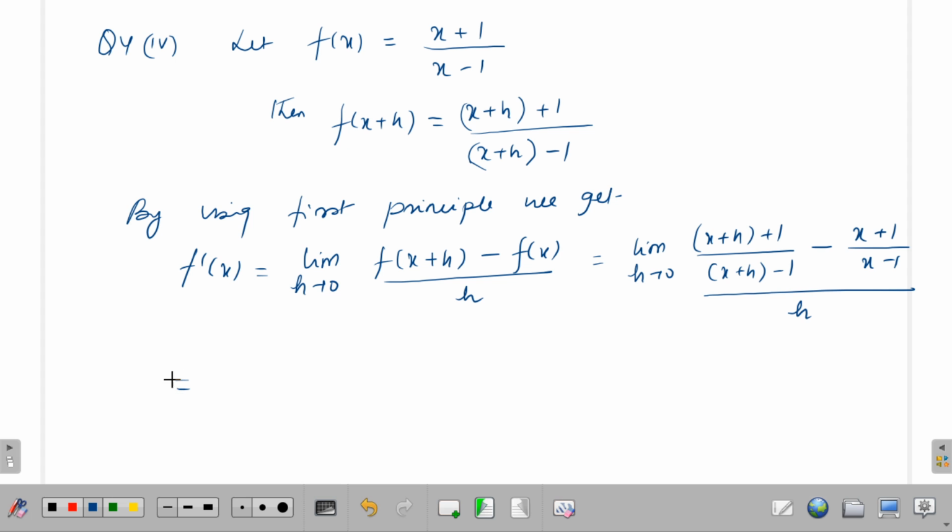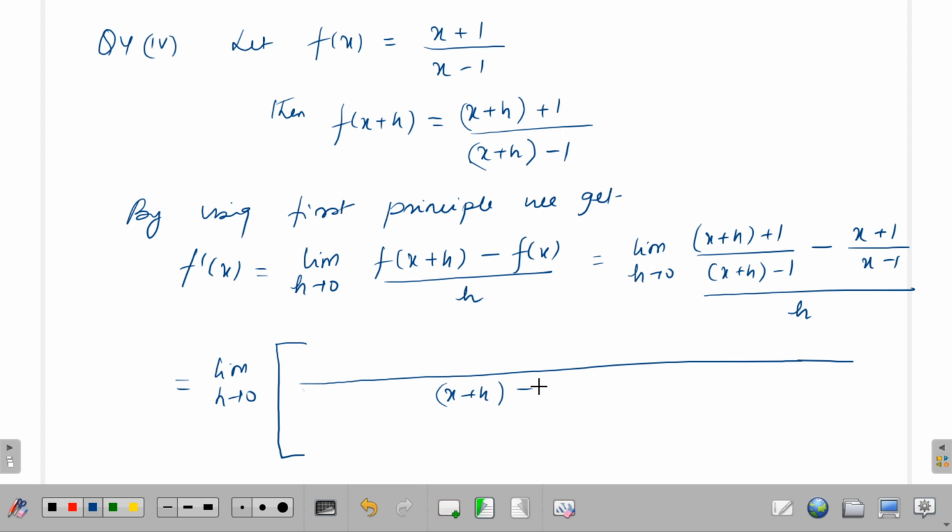Okay, now look properly. The numerator, I'm going to take the LCM. So if I happen to take the LCM, I'll be getting the answer limit of h tends to 0. Let me just give a big bracket. I'll be getting here x plus h minus 1, and I'll be getting here x minus 1.